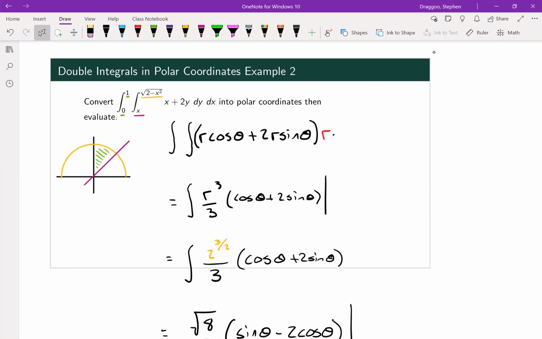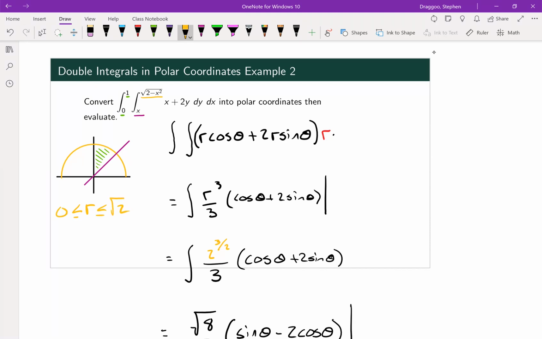So hopefully we recognize that top equation for y as a circle with a radius of the square root of 2. Since the square root of 2 minus x squared, it should have been square root of r squared minus x squared. So the radius will be square root 2. So that means that our r value should be between 0 and square root 2.